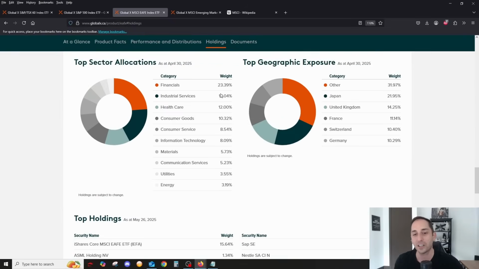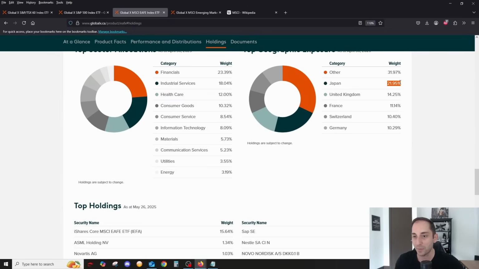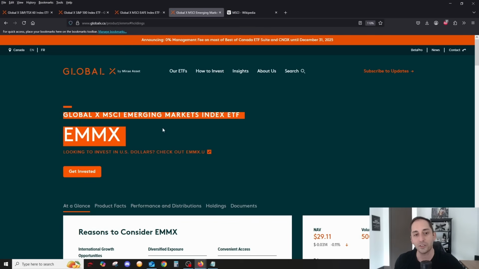If we look at a couple of countries, Japan makes up a big portion. A lot of European countries like the UK, France, Switzerland, Germany, Italy, and Australia would be part of the list. These are developed economies outside of North America. And last but not least, another important region that you hear about is emerging markets. This is the Global X MSCI Emerging Markets Index ETF, EMMX, from the same company who manages the previous index.